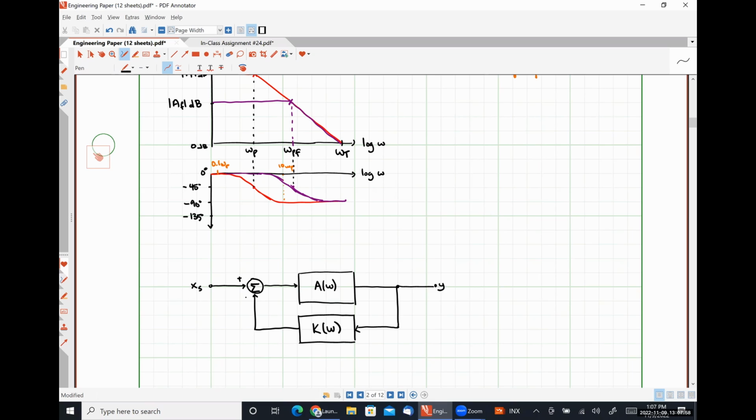Here is, so this is supposed to be representing a negative feedback system. So this is XF. And this is our error signal, XI.